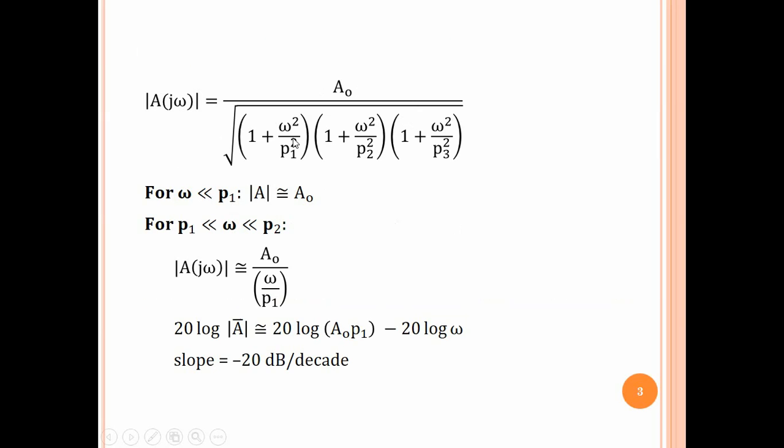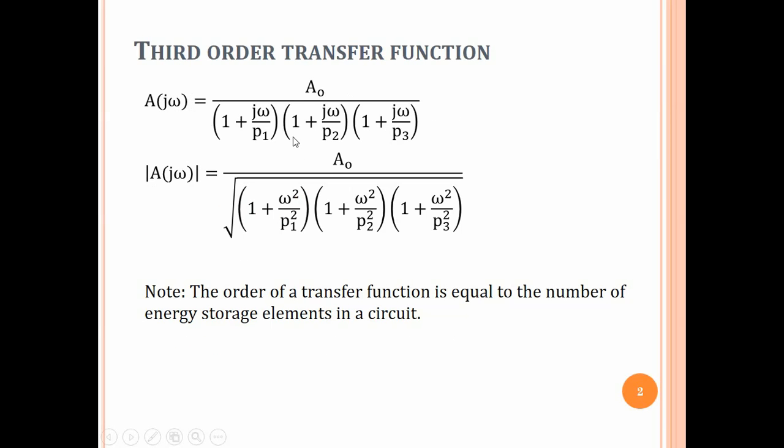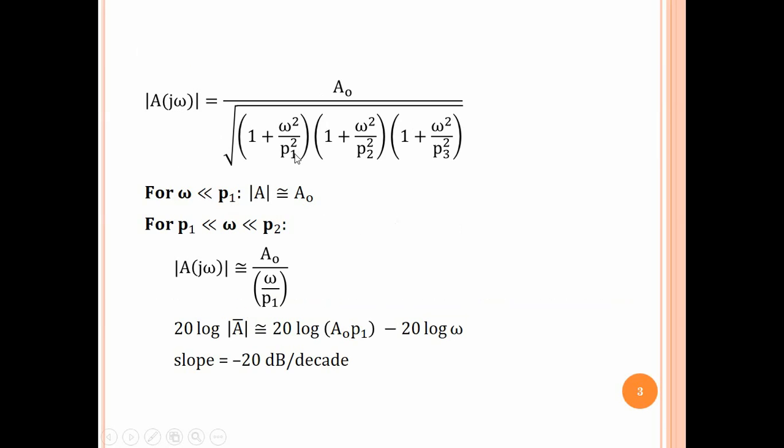I'm sorry, I didn't mention somewhere that let's assume that P1 is much less than P2 is much less than P3. So we start with the frequency much less than all three frequencies P1, P2, P3. And for that frequency, all these three omega terms in the denominator can be neglected, leaving just a 1. So the gain is simply a0.